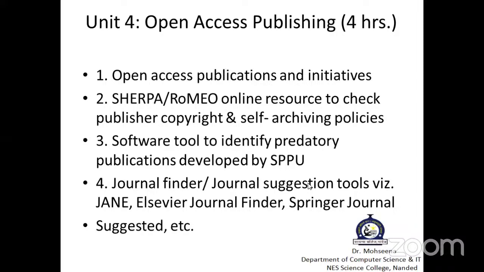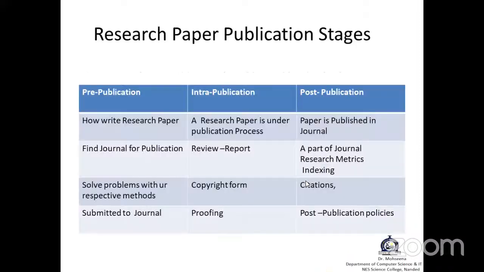First one is open access publication and innovators. In that we have seen the journey of your manuscript to an article. What is the journey of your manuscript to an article? Last year, this question was asked for 5 marks.